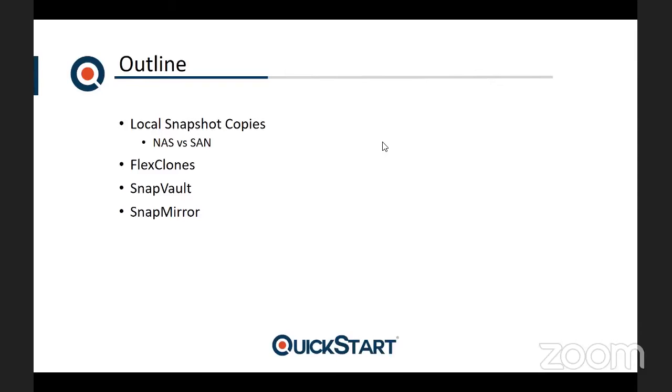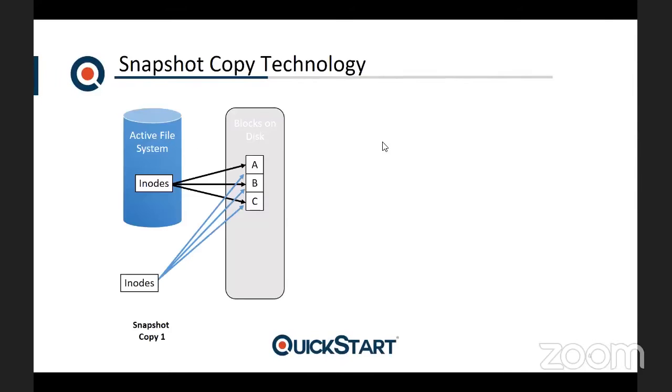So we're going to talk about the basic process. I'll give you a few little hints as to how it might be different if you're setting it up for NAS content versus SAN content. And then we will look at how these snapshot copies are utilized in the FlexClone process, SnapVaulting, as well as SnapMirroring here. So first, local snapshot copies.